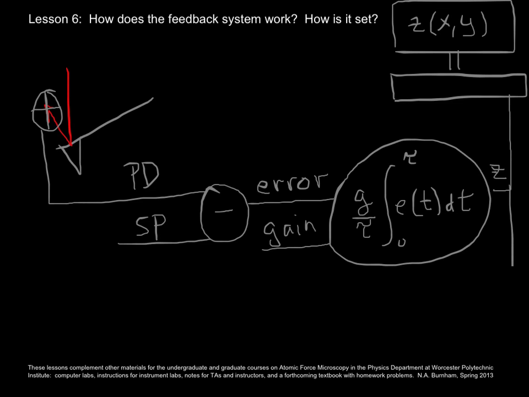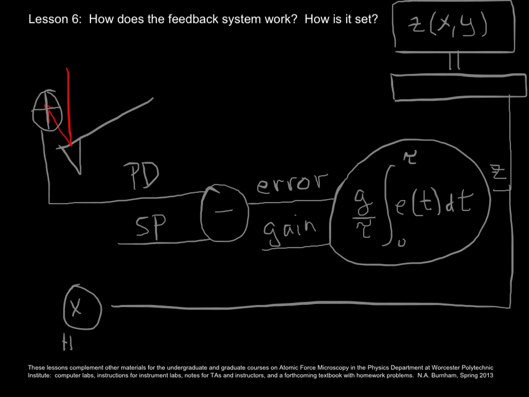And the other part of that signal first passes through a high voltage amplifier and then goes up to the scanner and causes the scanner and the cantilever to move up and down.